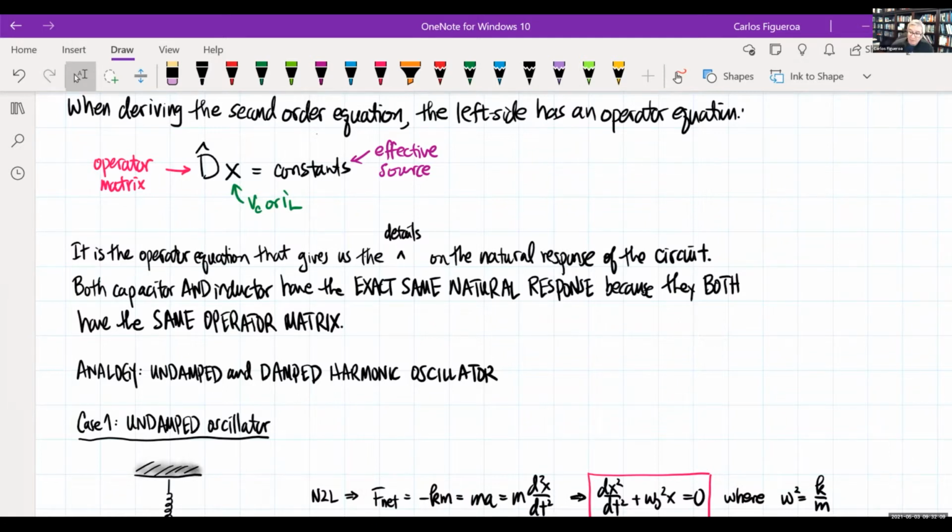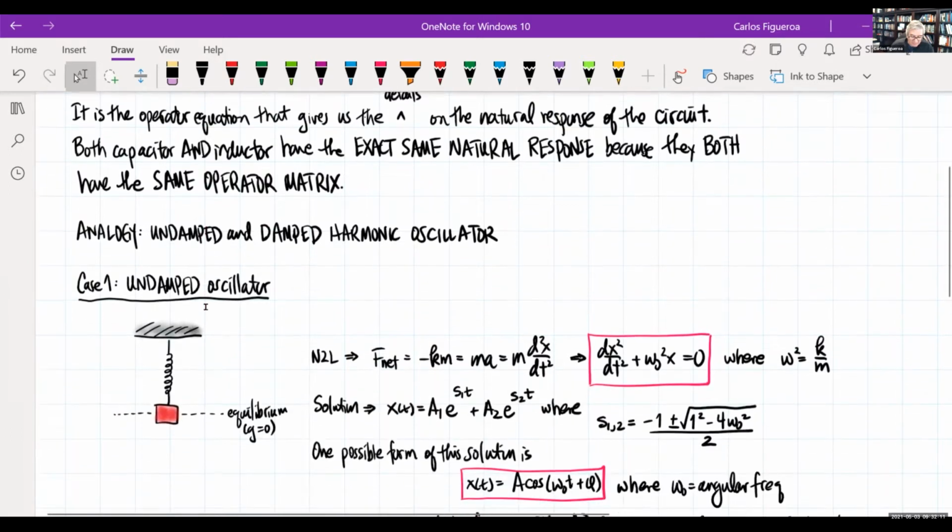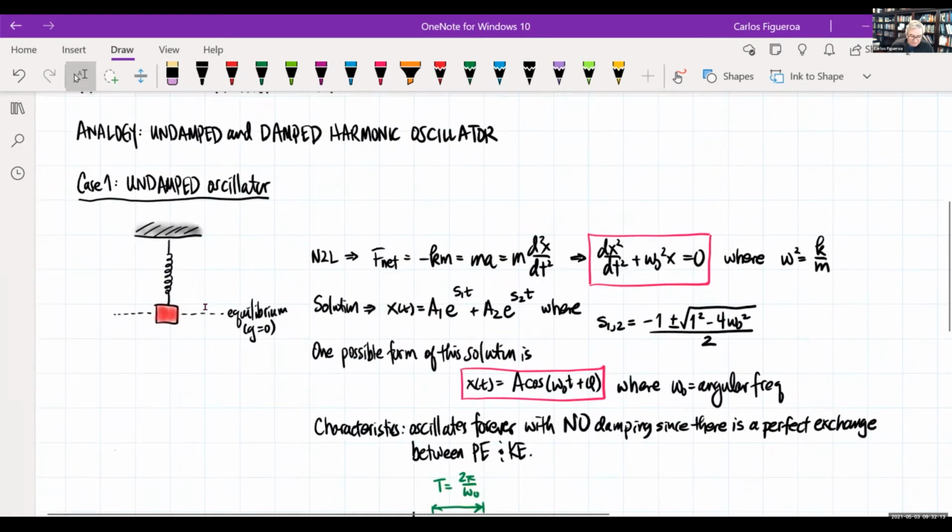So then we went into the undamped and damped harmonic oscillator. If I looked at an undamped oscillator, that means that the acceleration due to gravity is 0, is what I'm setting it, just to make it nice and easy. What does the force of gravity do? All it does is change the equilibrium point.